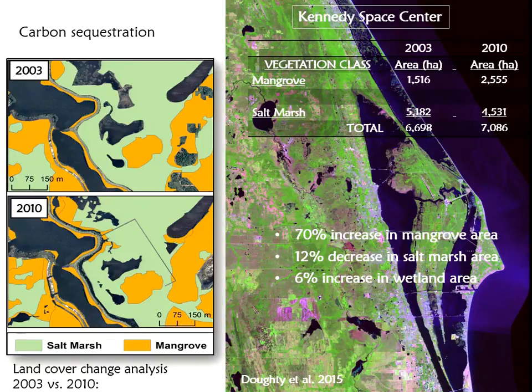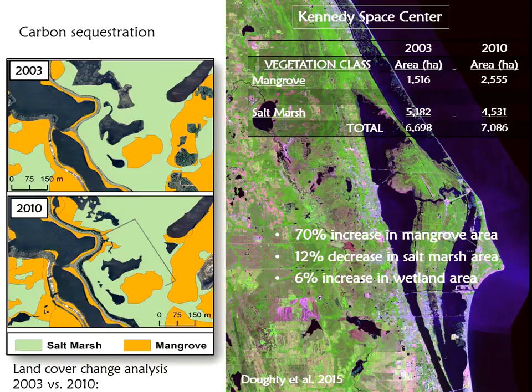Another student that I worked with did a similar study, but just in one location at the Kennedy Space Center. This is really nice because the people at NASA had mapped all the different habitats at the Kennedy Space Center in 2003, a very detailed map.